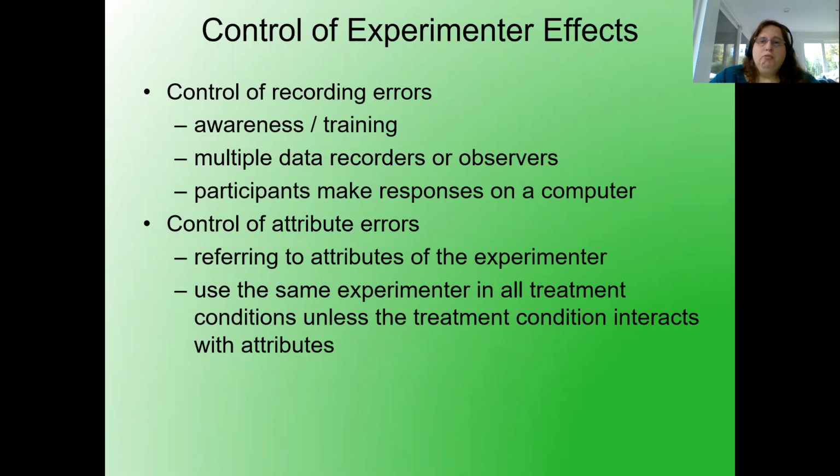Control of attribute errors. This refers to attributes of the experimenter. So you probably want to use the same experimenter in all treatment conditions unless the treatment condition interacts with the attributes. In other words, I kind of mentioned this before in the last lecture, right? Where if you have one experimenter who's like, hey, good morning, everyone, and thank you so much for being here, and I really appreciate it, and they're really likable and all that good stuff.